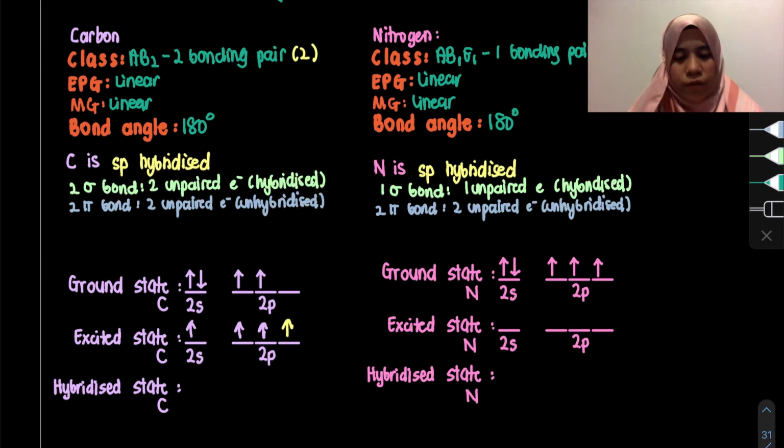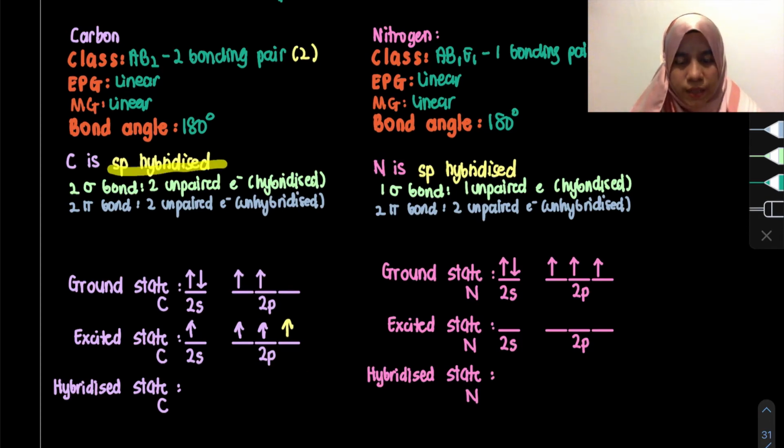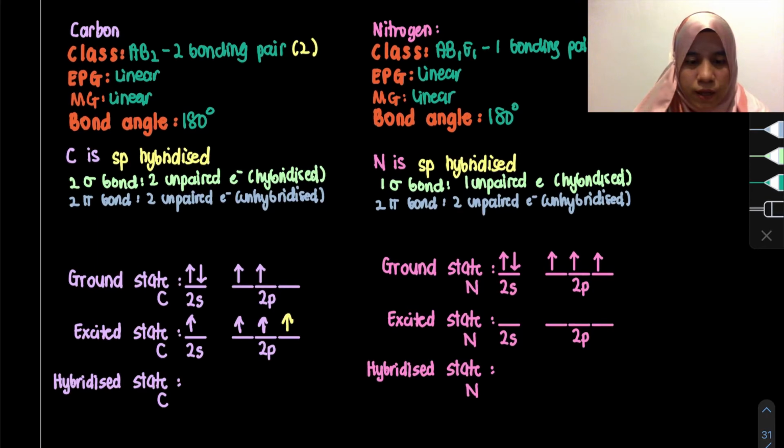Okay, next step for hybridized state. So kita tengok. We're talking about kita bukan semua ni jadi sp. Ni berapa ni? Bukan jadi sp3. Tapi tengok sini. Carbon is sp hybridized. So when carbon is sp hybridized, so what do we need? Sebenarnya kita nak dua lah kan? Satu S, satu P. So kita akan ambil yang ni sebagai sp hybridized.